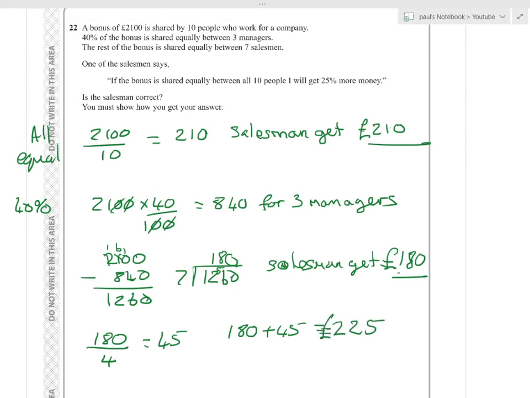So if you take that number and add 25% on there, you get that. If it's shared equally, I'll get 25% more. No, he won't.